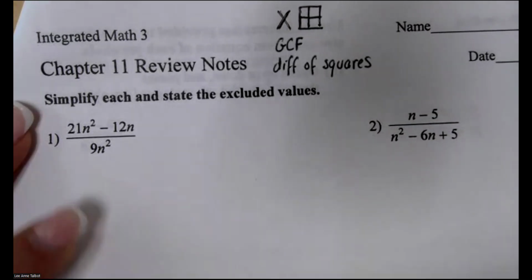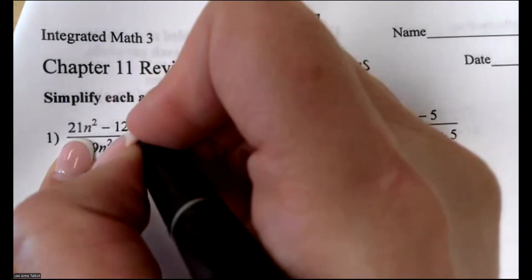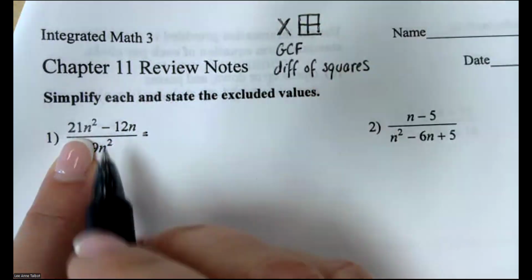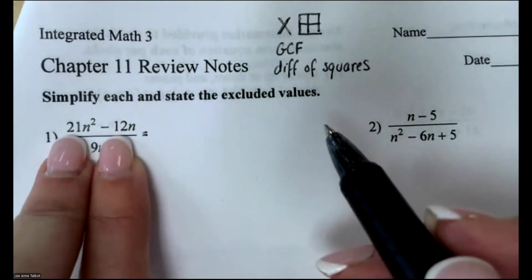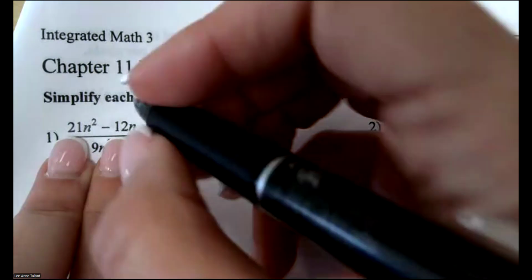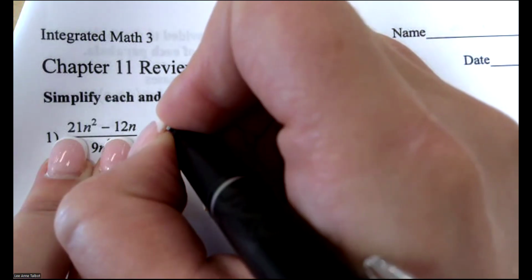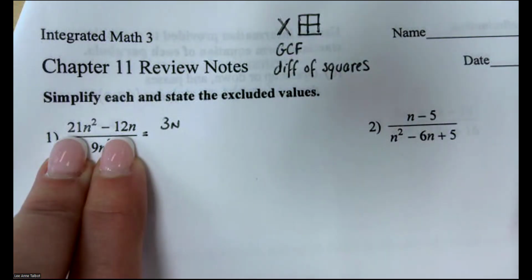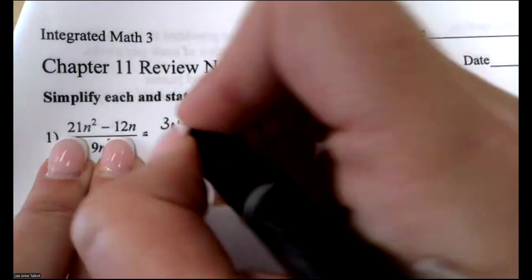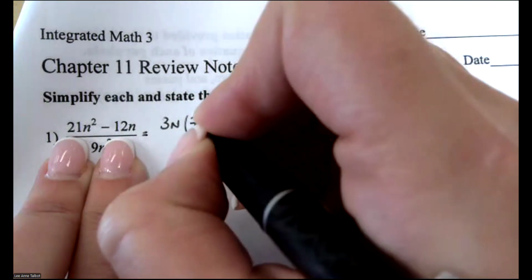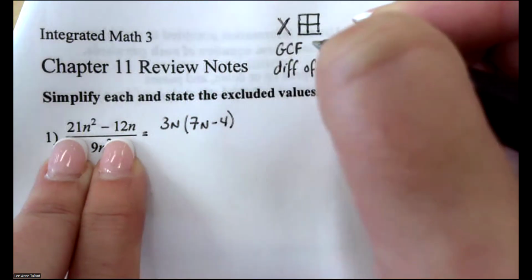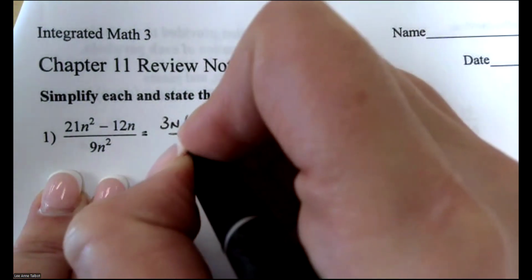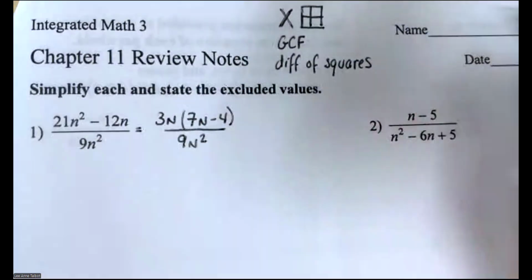Okay, number one. I'm going to start with GCF on the top. What number goes into 21 and 12? 3. And I can also GCF out an N, so 3N. That will leave me with 7N minus 4 over 9N squared.